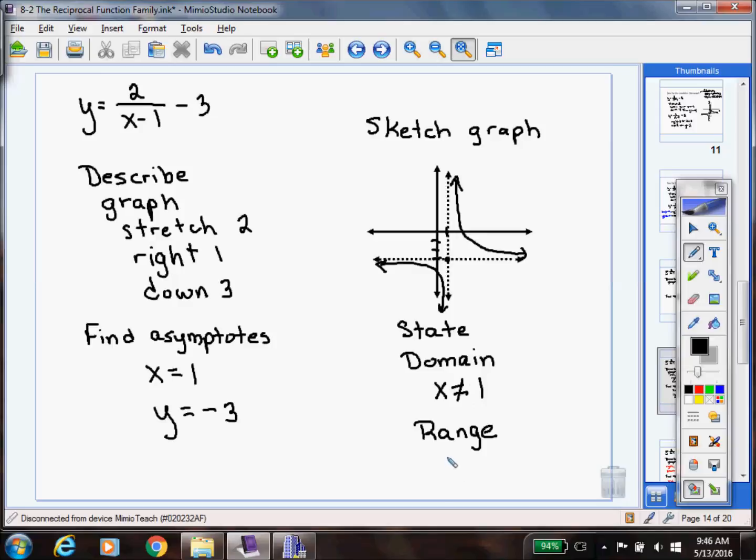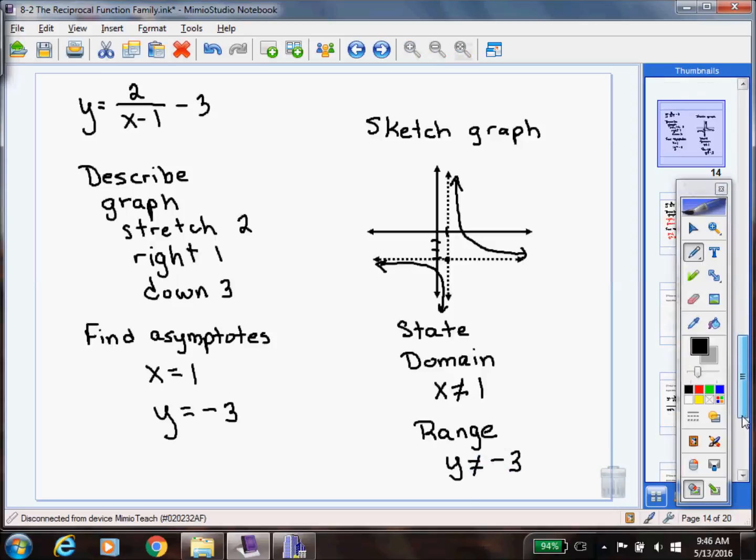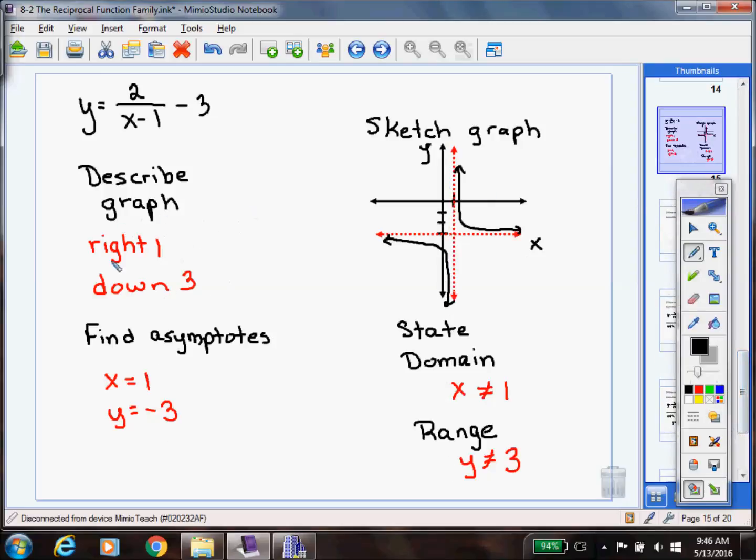Y can be anything, but once again, y is not allowed to equal -3. That's our asymptote, and that's the whole point to having the asymptotes. So once again, going through the process: describe the graph, find the asymptotes, sketch them in, and determine the domain and the range from the information that you already have.